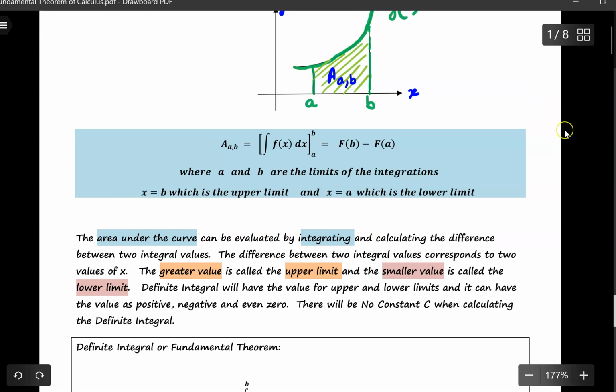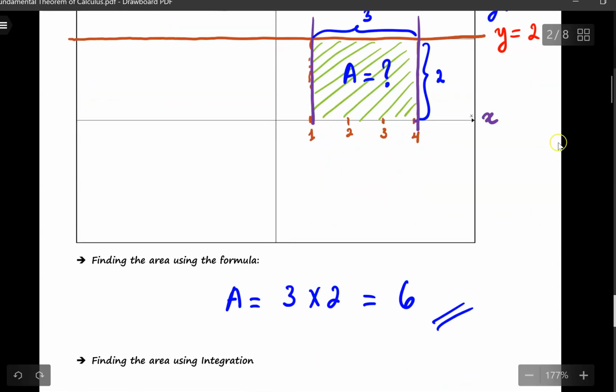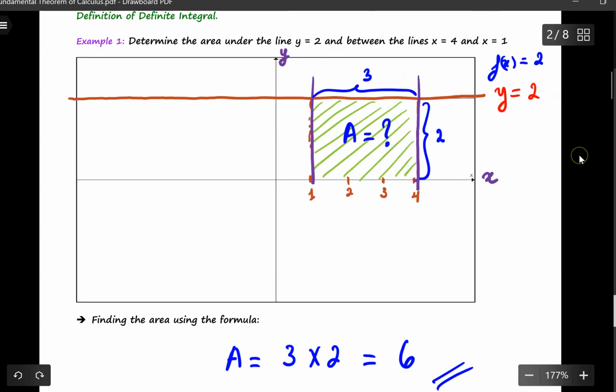We have to apply integration. I want to convince everyone that the fundamental theorem of calculus is very important and applicable in real life. You apply it almost every day in engineering, especially mechanical engineering, when you have to calculate the area and then generate that area into a certain shape.